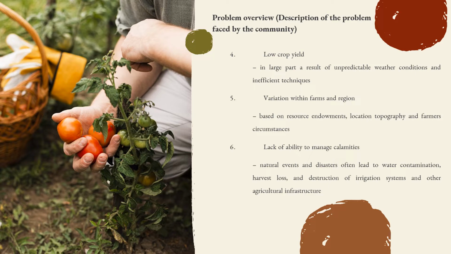Fifth, variation within farms and regions based on resource endowment, location, topography, and farmer circumstance. And lastly, lack of ability to manage calamities. Natural events and disasters often lead to water contamination, harvest loss, and destruction of irrigation systems and other agriculture infrastructure.